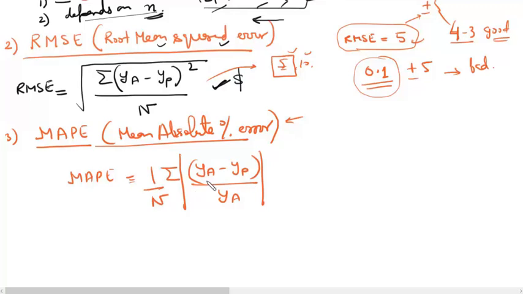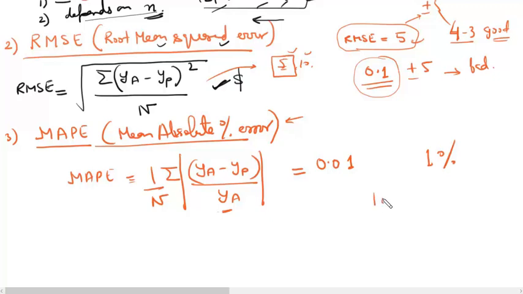So in this case, we are removing the shortcoming of RMSE, which is that it gives an absolute value. So we are comparing it with respect to the actual. Hence what we get will be as a proportion of the actual. So in this case, for example, let's say we get 0.01. This means that your error is 1%.